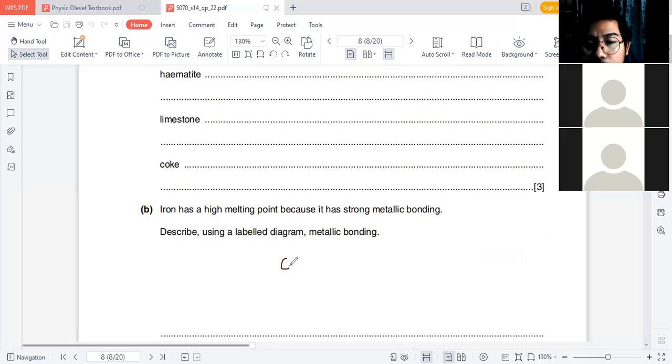So you have positive cations in a central lattice, surrounded by your sea of electrons. That's how metallic bonding works.